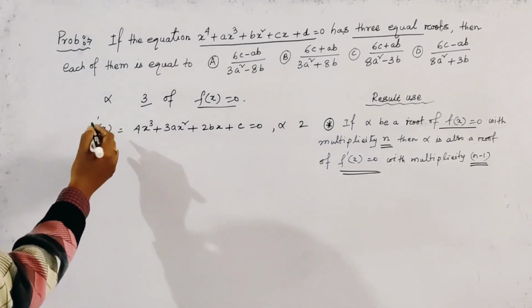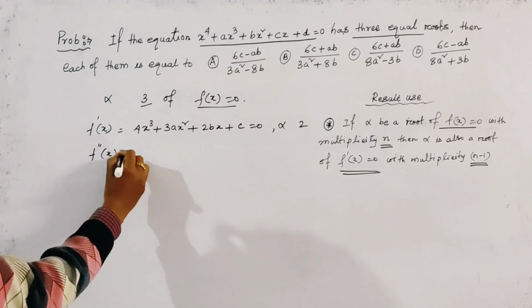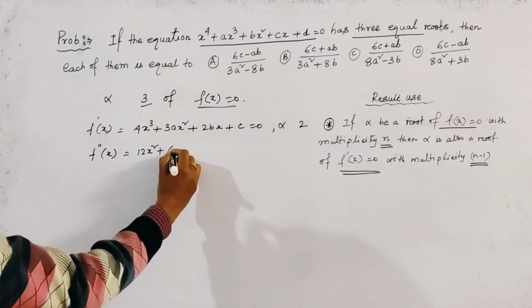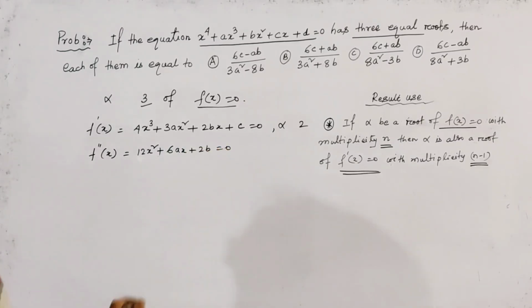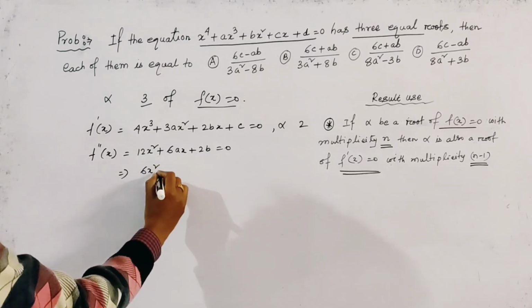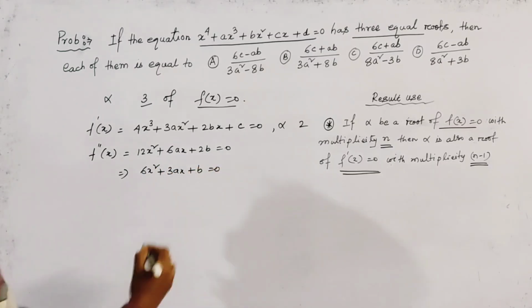Again we differentiate this equation and get 12x square plus 6ax plus 2b equal to 0, or we write this equation as 6x square plus 3ax plus b equal to 0.